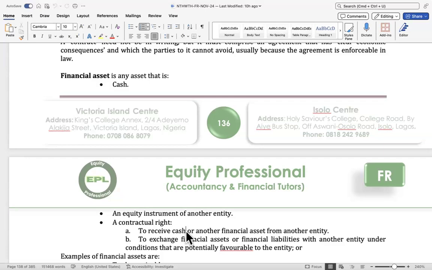When you derecognize that asset, what you will now recognize is a net investment in the lease. So it is that net investment in the lease that is the financial asset. Because as a lessor, you will have derecognized that PPE. It won't be in your books anymore because you have leased it out, especially if it is under the finance lease.